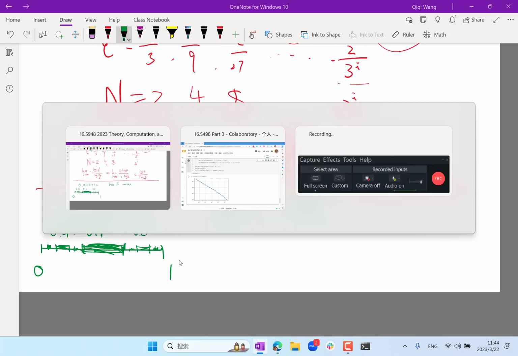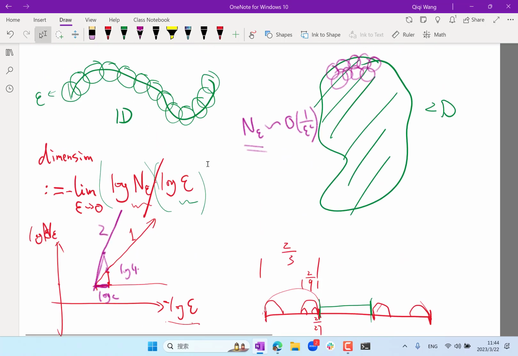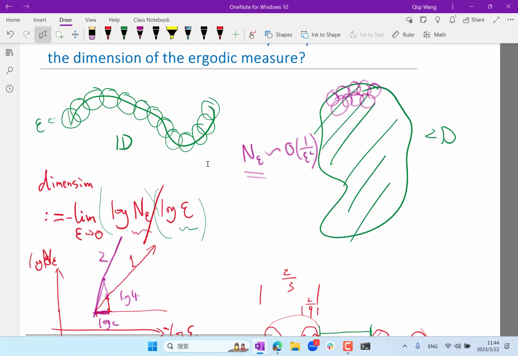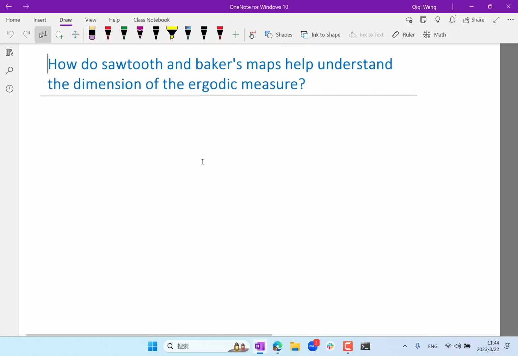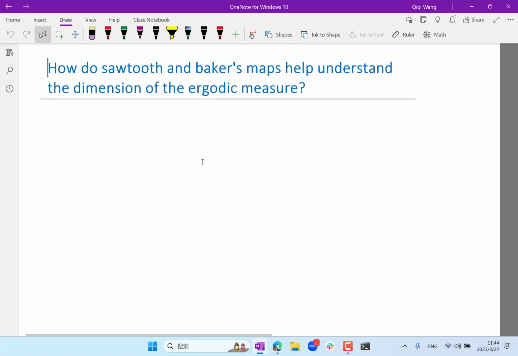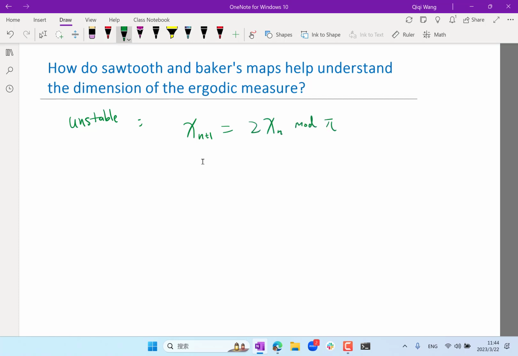No? Okay. So let's look at how the dimension can change as we increase or decrease the unstable and the stable directions. For example, in the unstable direction, let's imagine that instead of x_{n+1} = 2x_n mod pi, what if we remove the 2 and make it m, a multiple m of x, again mod pi?